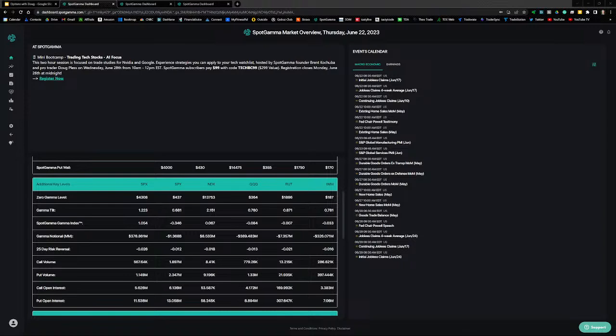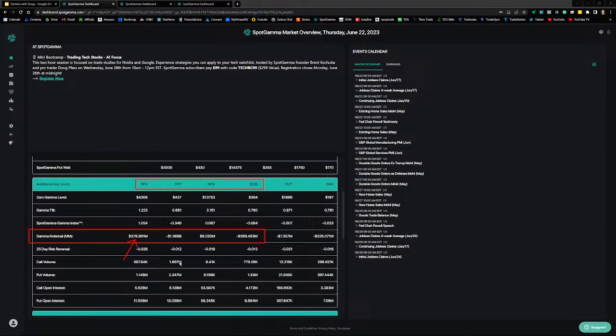I'm going to take a look at gamma notional for SPX, SPY, NDX, and QQQ. So note, as I mentioned, gamma notional for SPX is positive, but definitely lower than yesterday.